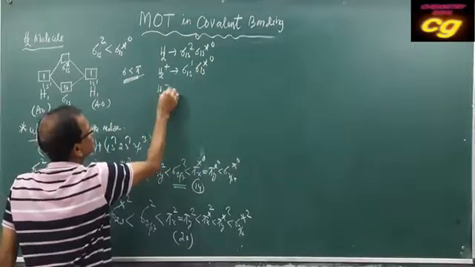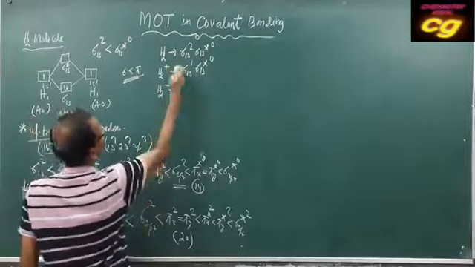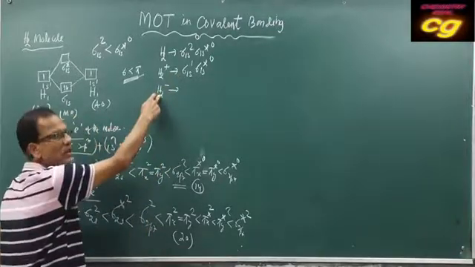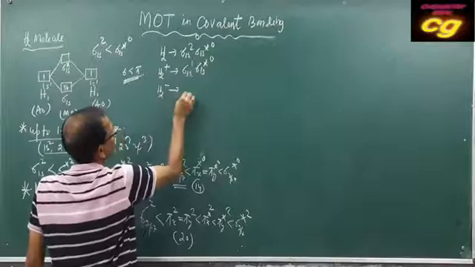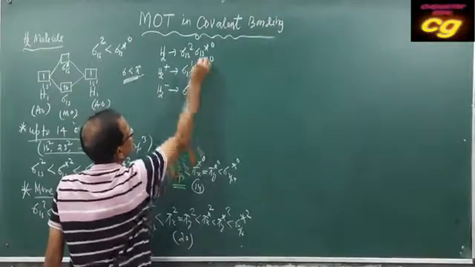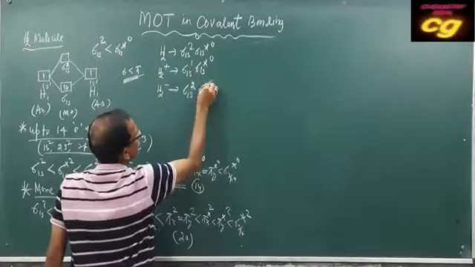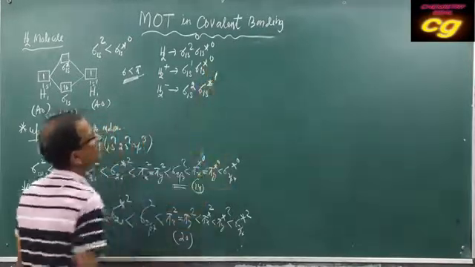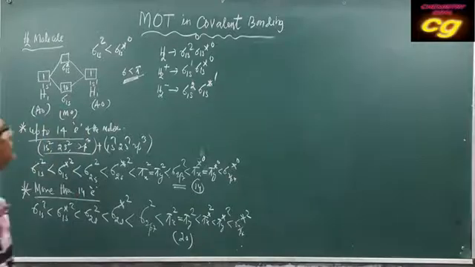H2 minus, what is this? Minus means one electron added, so it will be added here: sigma 1s2, sigma 1s star 1.